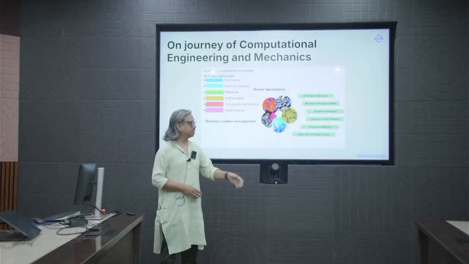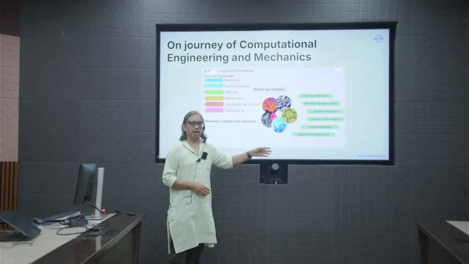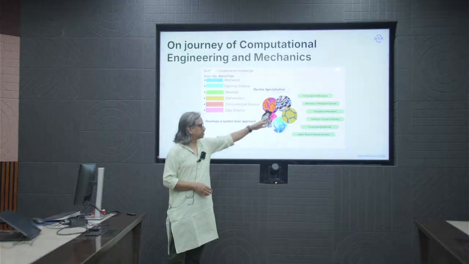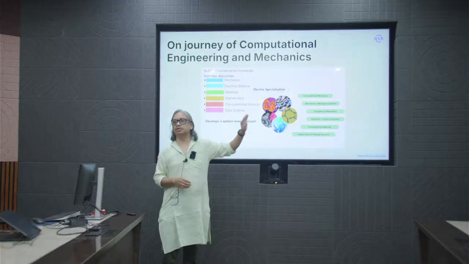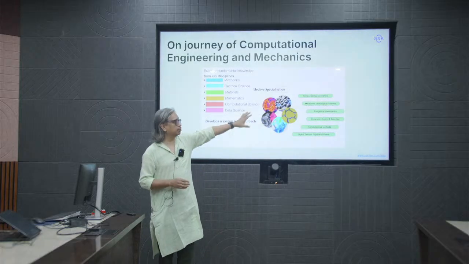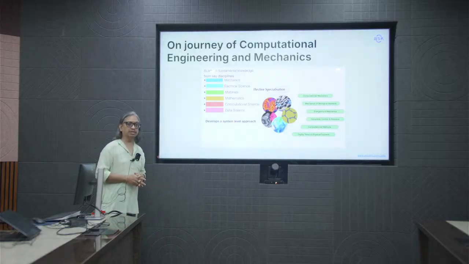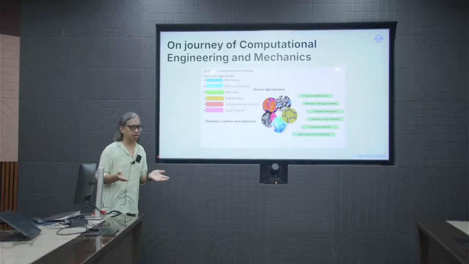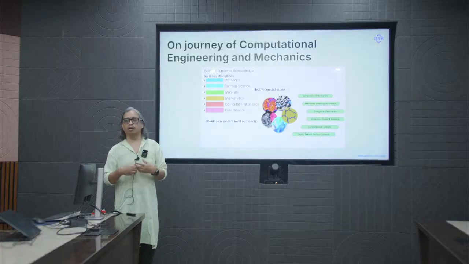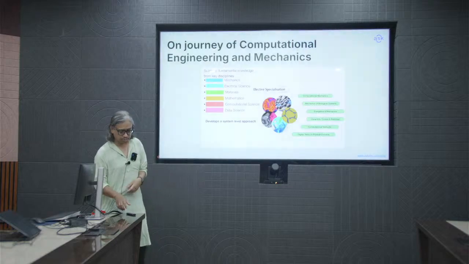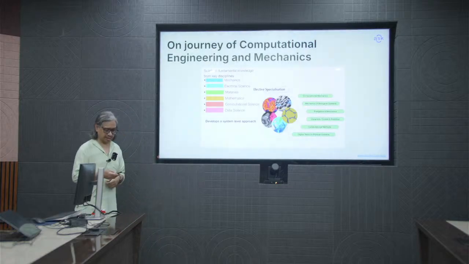Okay, so these are only indicative, and on our website we have listed the probable courses, which if you do, you can consider yourself to be an expert in one of these areas. But it need not be. You can tailor it according to your interest, according to your choice, according to what you think is interesting.